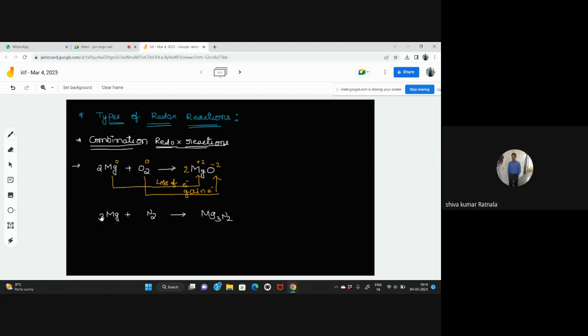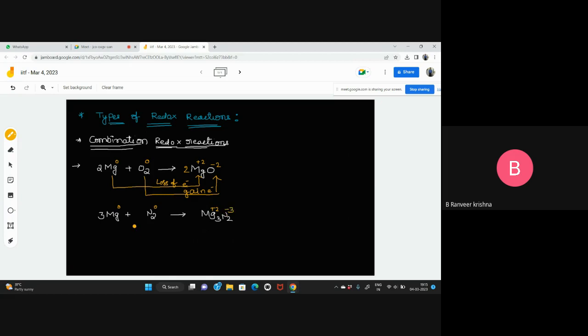Tell me whether this is a combination reaction or not, and whether it is a redox reaction. It is redox, because Mg is 0 and N2 is also 0. Mg gets +2 and N gets -3.